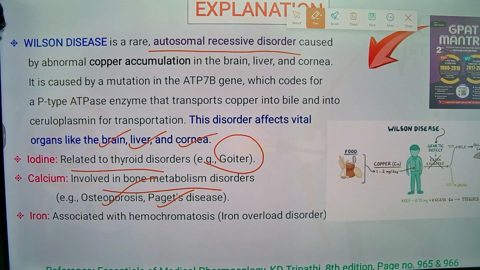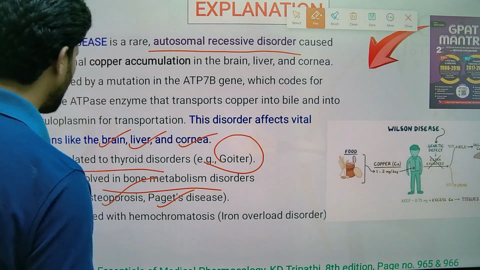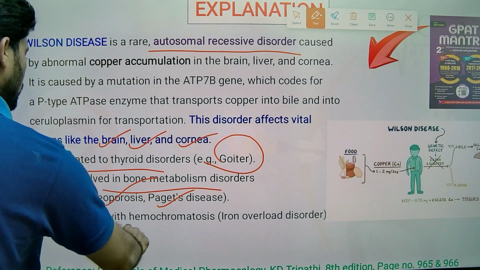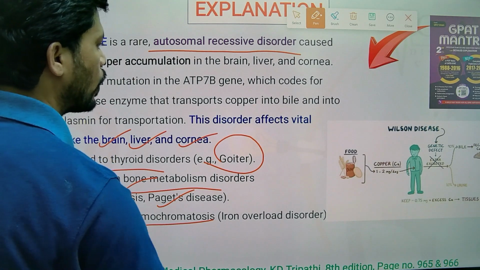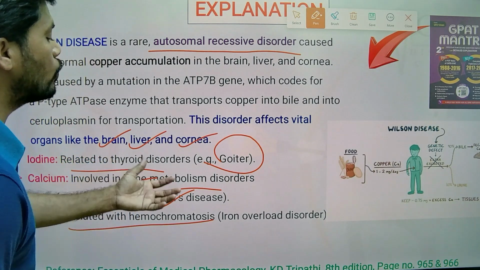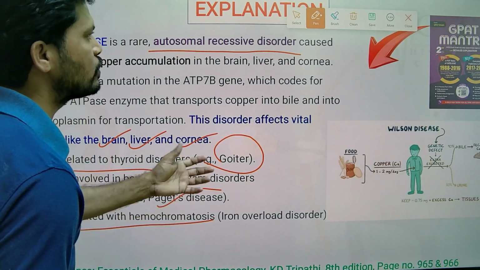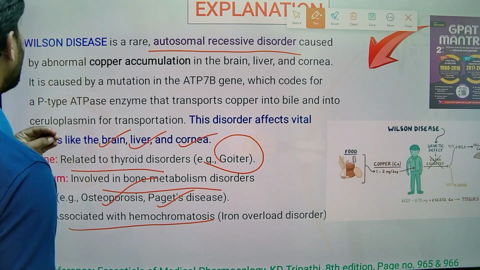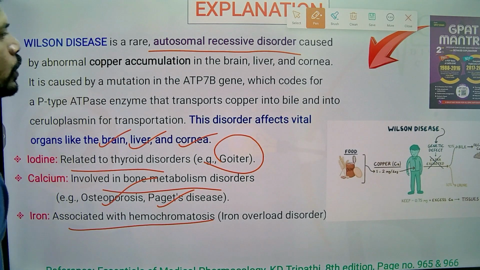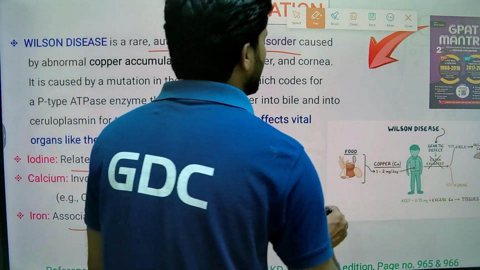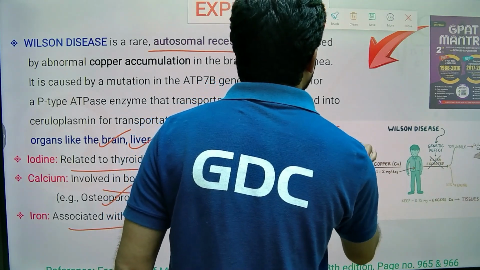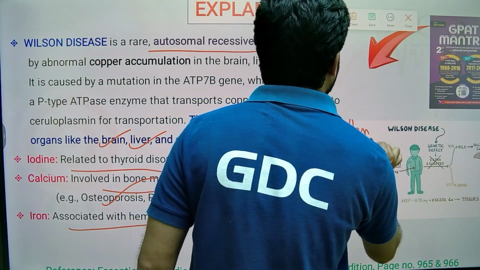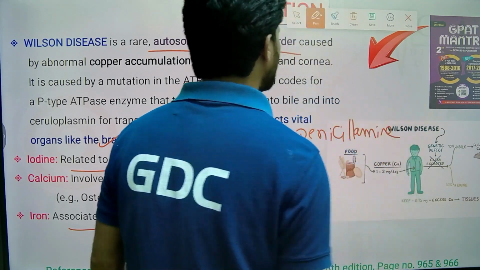Paget's disease means aging of bone. Iron is associated with hemochromatosis, an iron overload disorder, and the antidote for iron overload is desferoxamine. For Wilson's disease, the antidote is D-penicillamine, a byproduct of penicillin G.